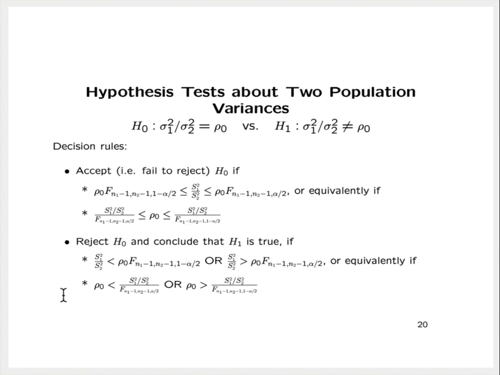We would reject the null hypothesis if rho sub 0 is either less than this quantity here or greater than that quantity.